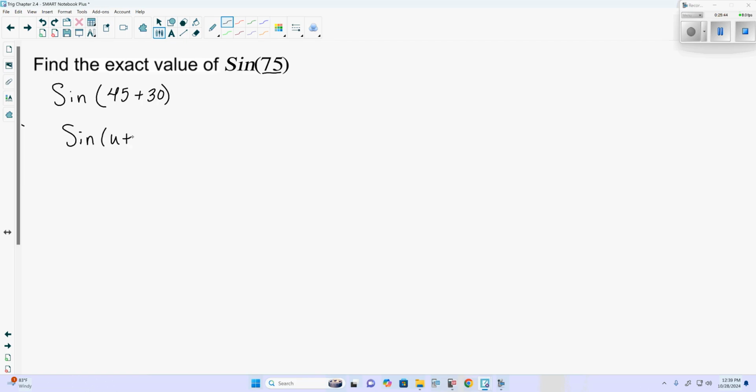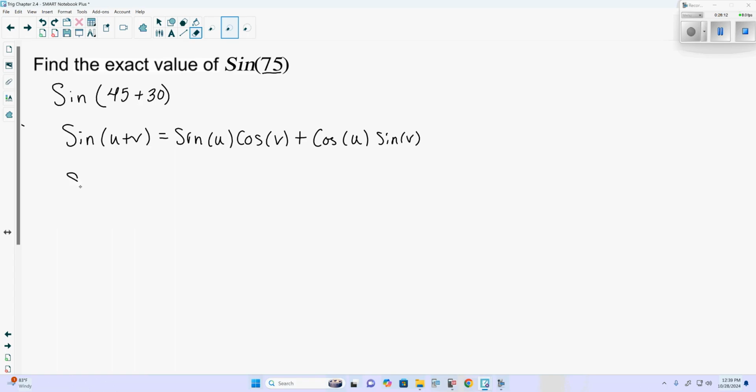Again, matching up to our sine of u, cosine of v plus, let's keep it the same, cosine of u, sine of v.